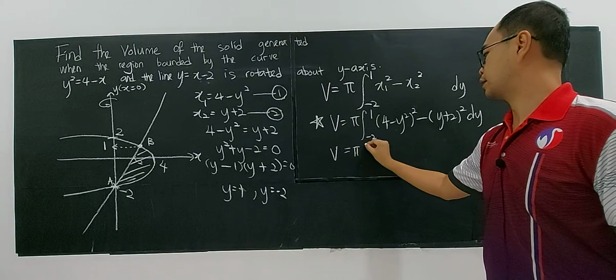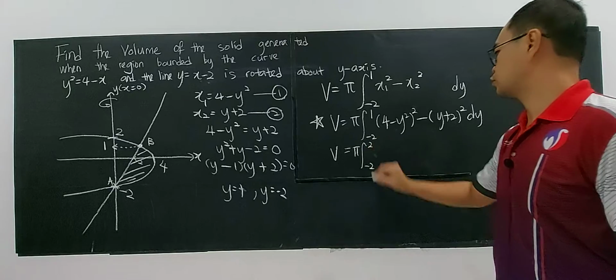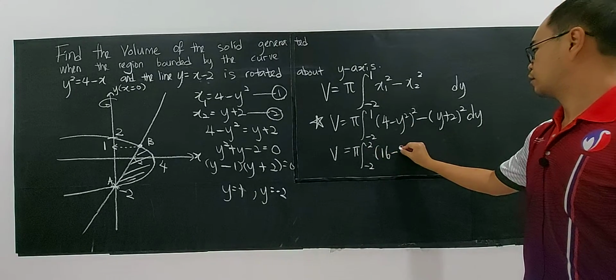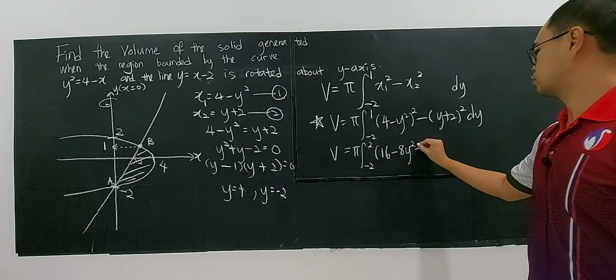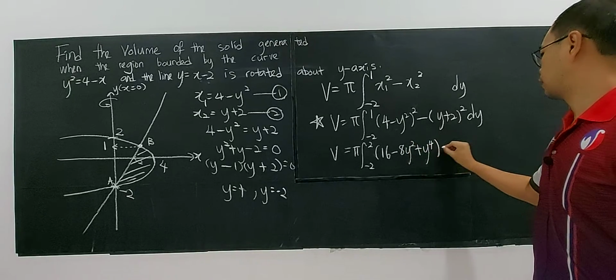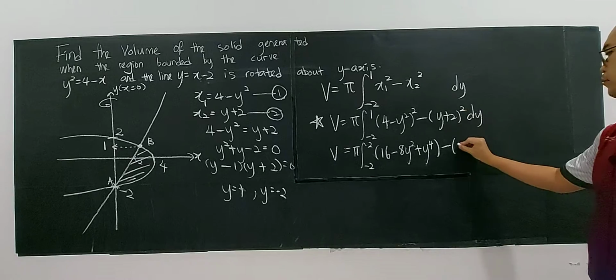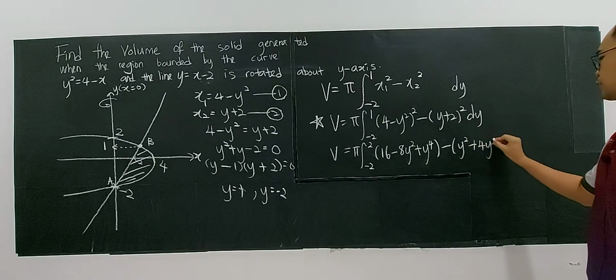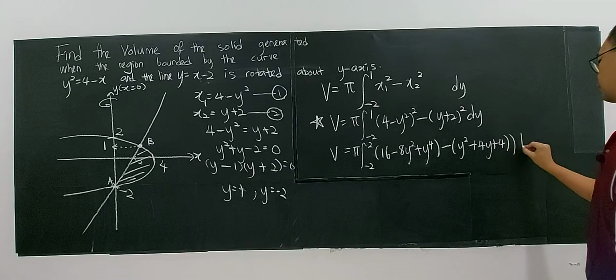So pi, integral from negative 2, expand, you will have 16 minus 8y squared plus y to the power of 4, minus, expand, y squared plus 4y plus 4, dy.